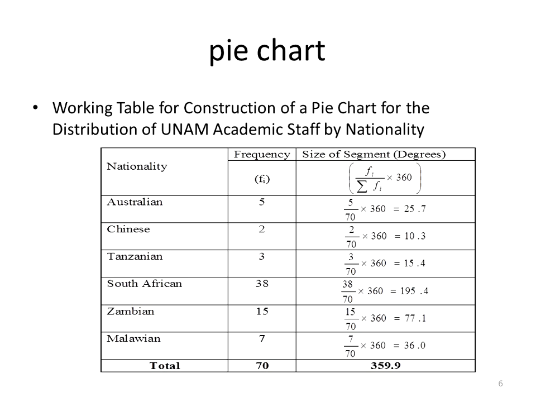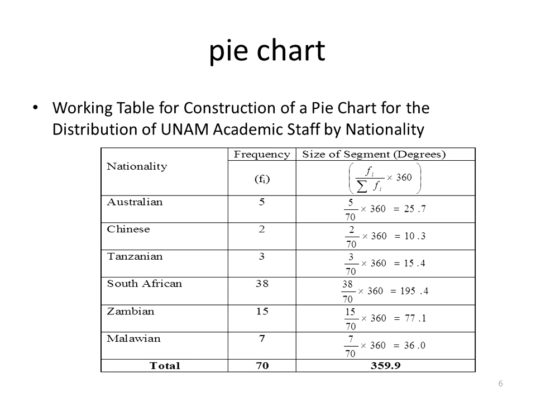Now if we take the following example to get the segments of a pie chart, we have this working table: the distribution of UNAM academic staff by nationality. We have Australian, Chinese, Tanzanian, South African, Zambian, and Malawians, then the frequency given there relating to each nationality.